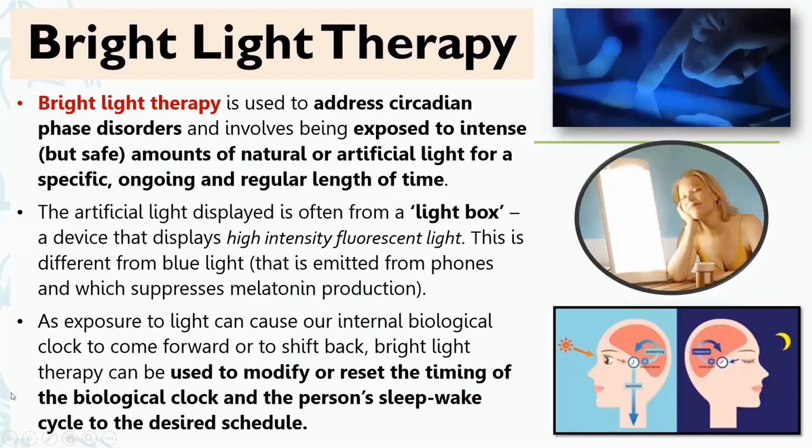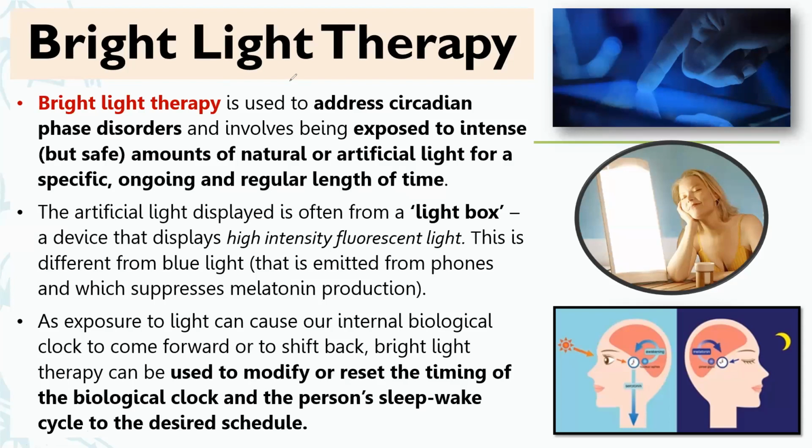Okay, so what is bright light therapy? Number one, bright light therapy is an intervention that's used to address circadian rhythm phase disorders. So any disorder that influences the circadian rhythm, and we did look at a few of these the other day, such as jet lag, such as your sleep getting kind of stuffed up because of shift work, or things like the sleep-wake cycle shift that happens in adolescence due to the release of hormones during puberty and all that stuff.